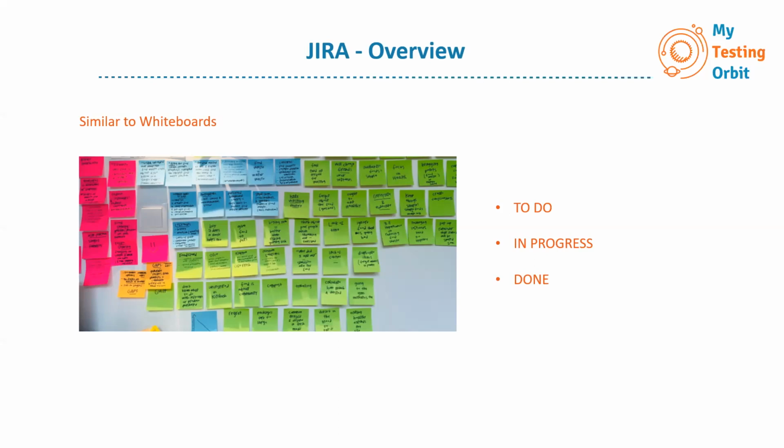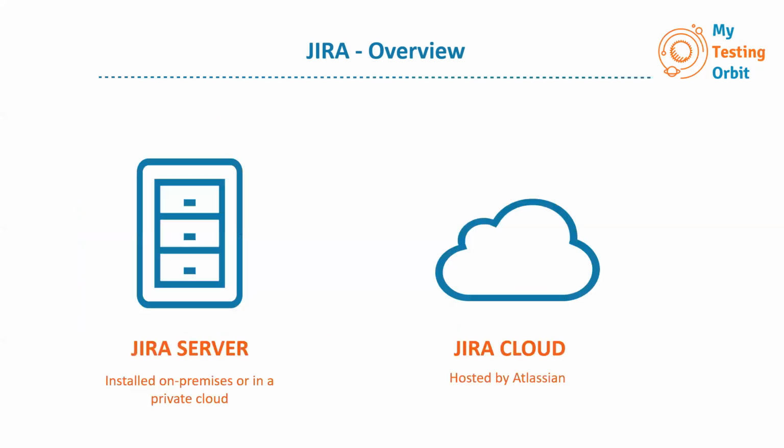Jira is a tool owned by a company known as Atlassian. There are many other products from that company as well, but for now we are focusing on Jira. Now, coming to the next point: there are two types of Jira which we can get. We can have a Jira Server, or we can have a Jira Cloud.